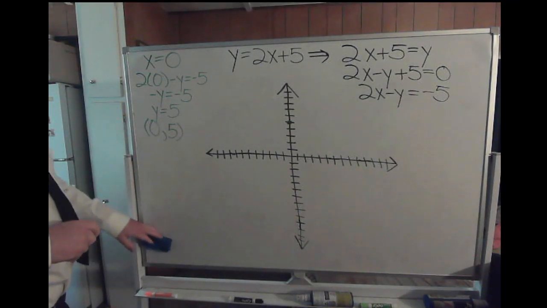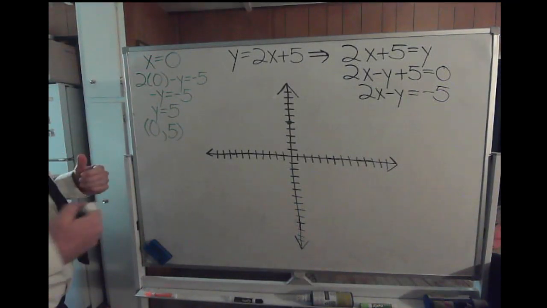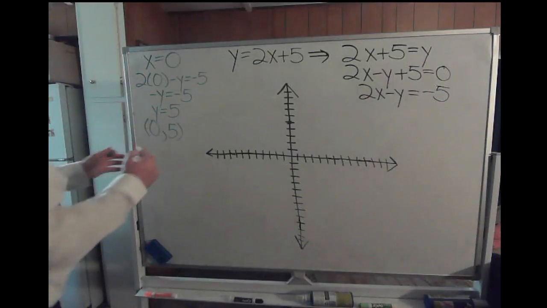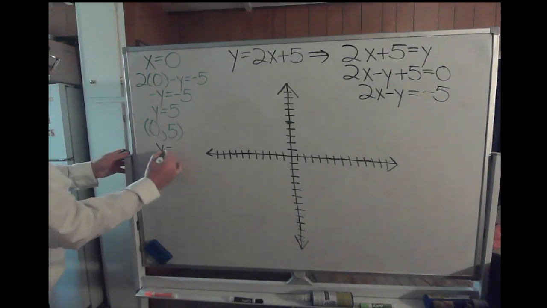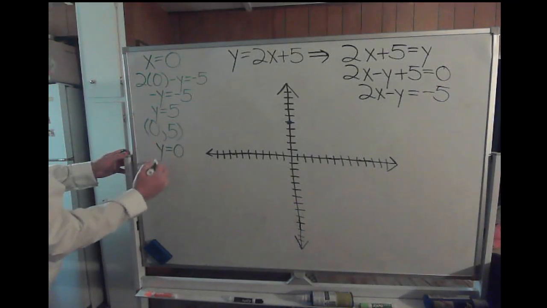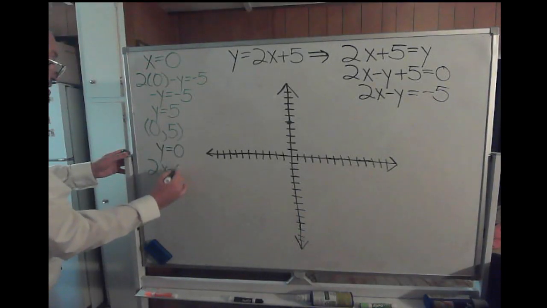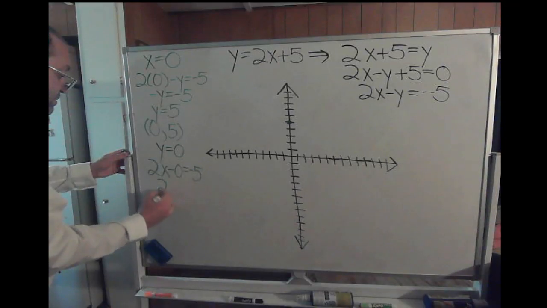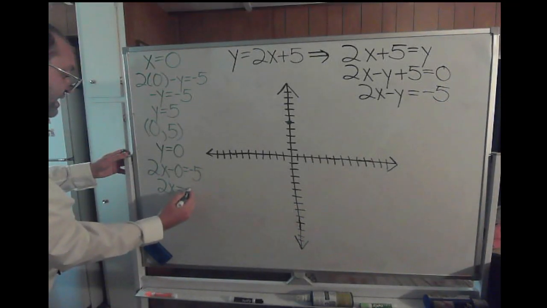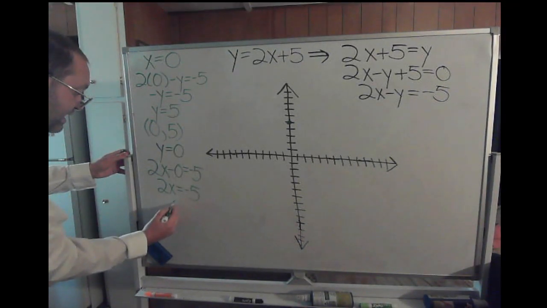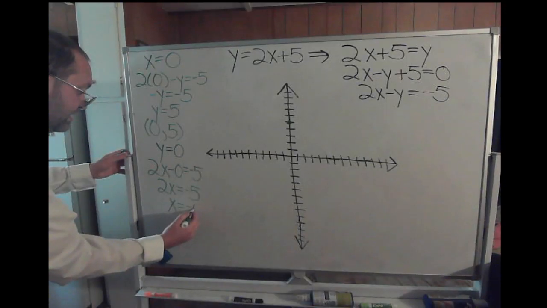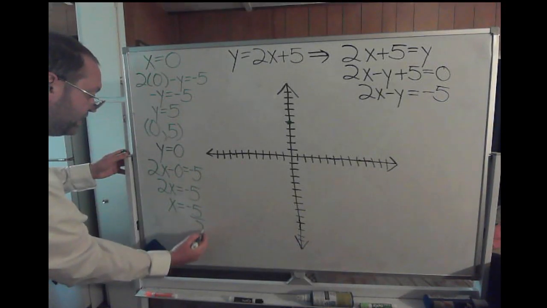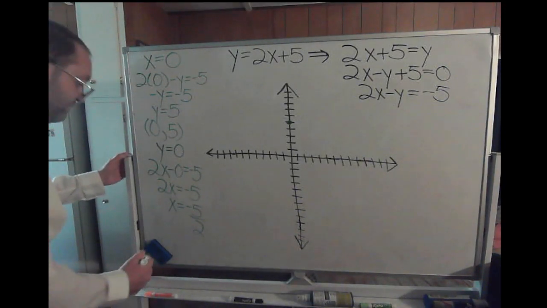Next, we want to do the opposite. We want to find the x-intercept, so we're going to set y equal to 0. So when y equals 0, we'll plug that into the equation. You'll get 2x minus 0 equals negative 5. So 2x equals negative 5, therefore making x equal negative 5 halves, which we know is negative 2.5.